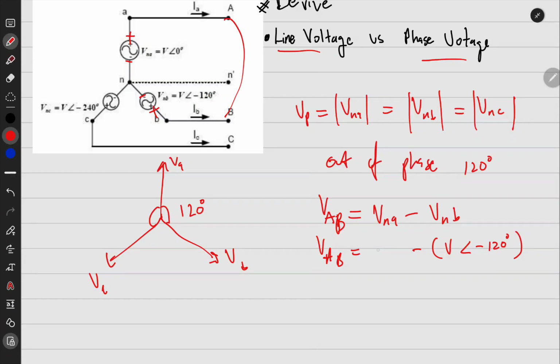We also know VNA has magnitude V and an angle of zero.